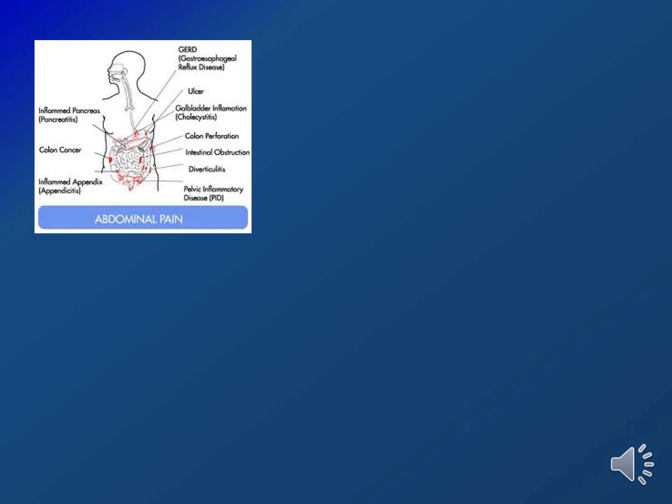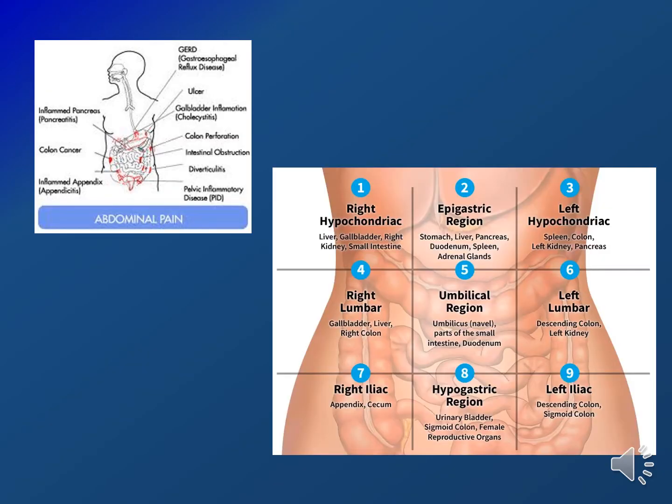Another example of the importance of the site of the pain: the abdomen has a lot of organs, and all of these organs could cause pain, as seen in these figures. But if you divide the abdomen into quadrants and ask the patient precisely which part of his tummy is hurting, he will point to a spot from which you can infer that the pain is coming from a specific organ.